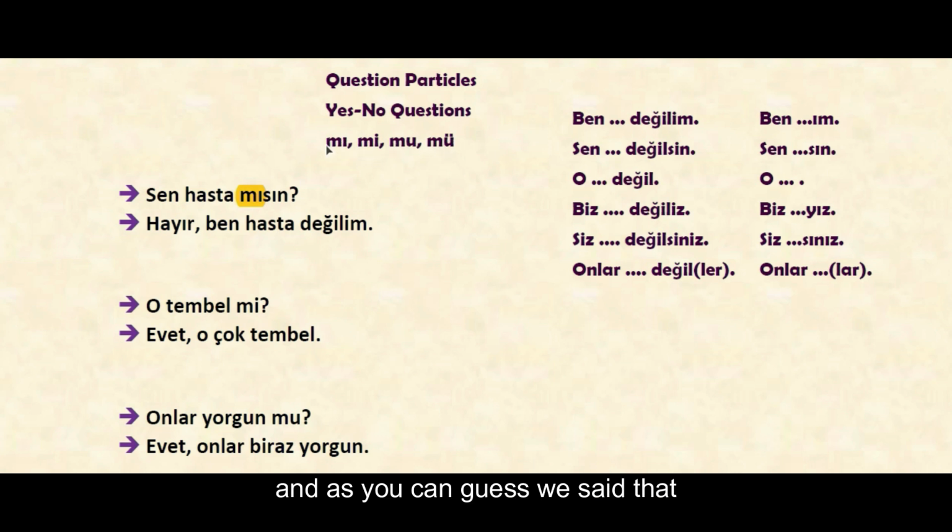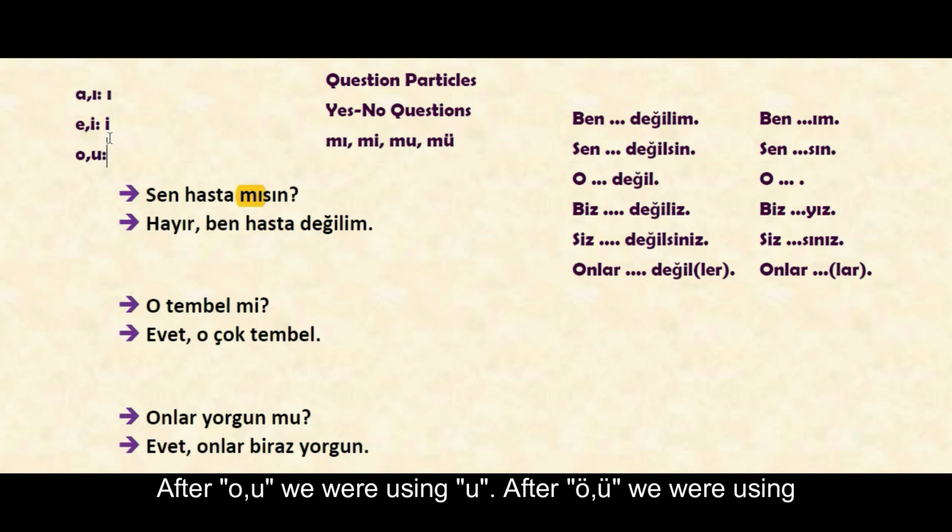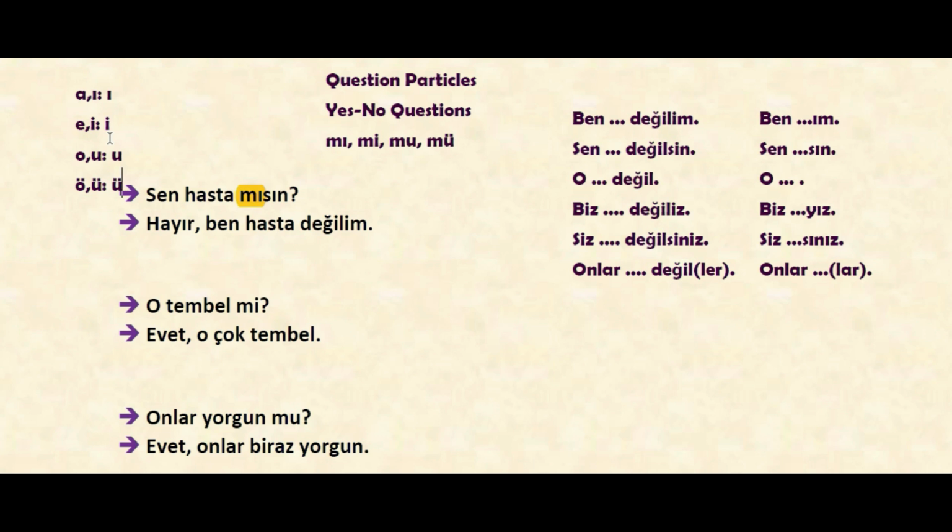And as you can guess, we said that there is vowel harmony rule in Turkish, and we should use the vowels in a harmony. After a, we were going on with ı. After e, i, we were using i. After o, u, we were using u. After ö, ü, we were using ü. So similar logic will be applying to this.